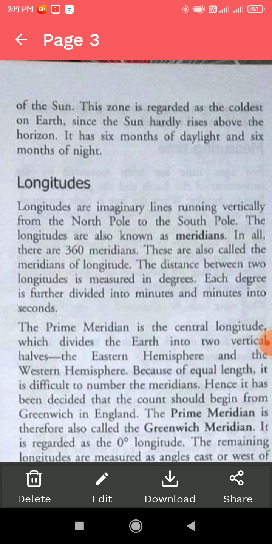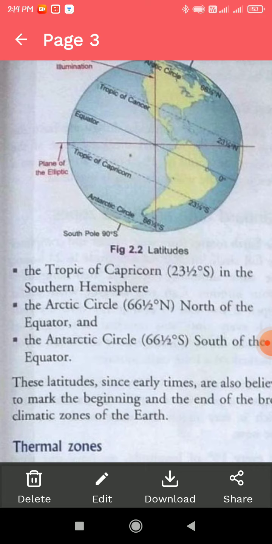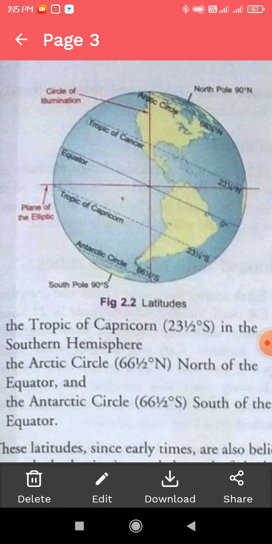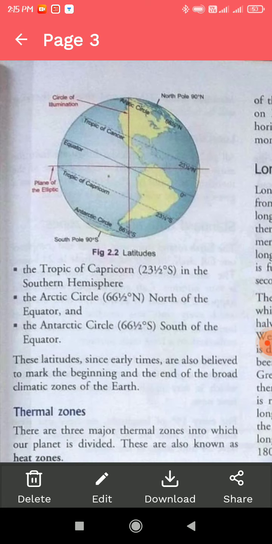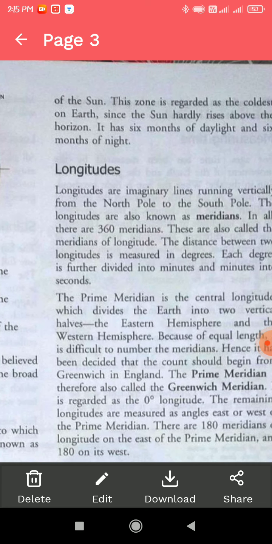It has 6 months of daylight and 6 months of night. As you can see in the picture, the frigid zone comes between the Arctic Circle and the North Pole, and the Antarctic Circle and the South Pole. So this area of land is permanently frozen because it receives extremely slanting rays.